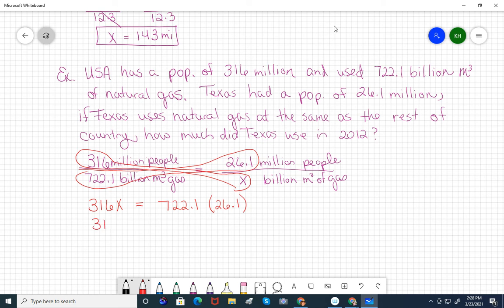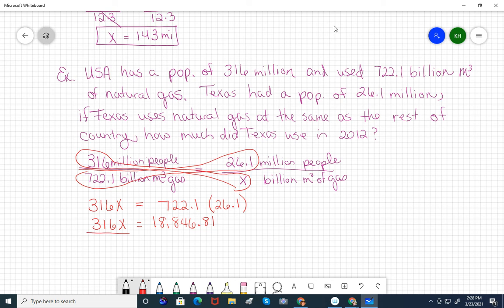So 316x equals 722.1 times 26.1, and I get 18,846.81.